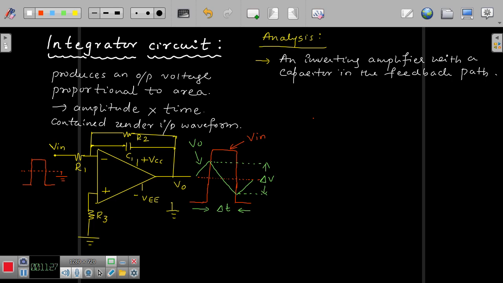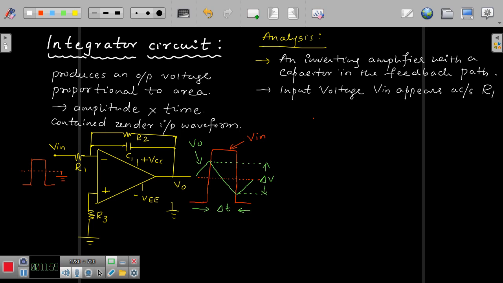So now the non-inverting terminal is grounded here, right. Now the input voltage Vi appears across R1. Am I right? The input voltage Vi in appears across R1.